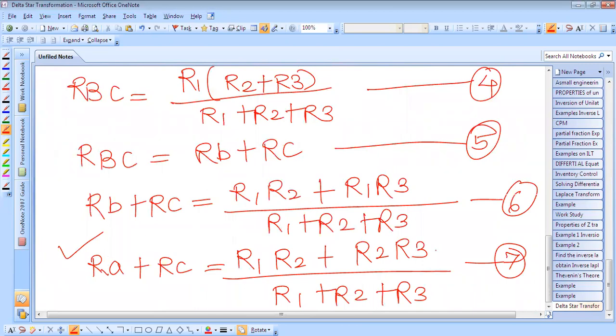So we have to find the values of RA, RB, and RC. So we can add the equation number.